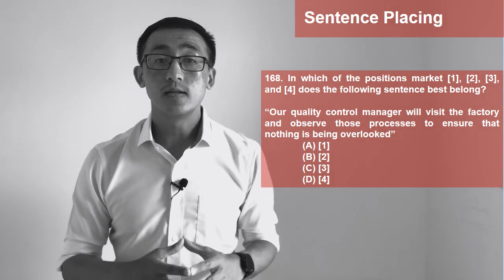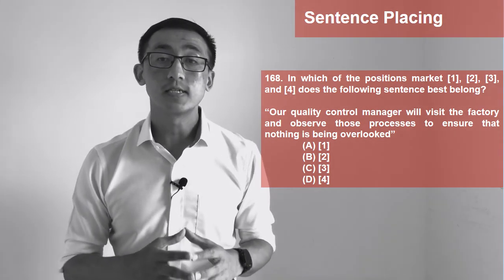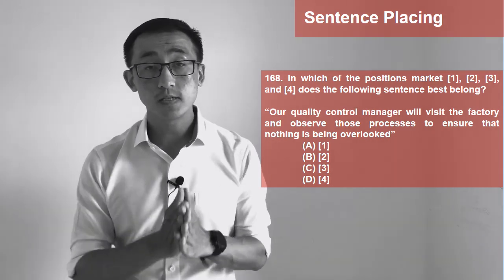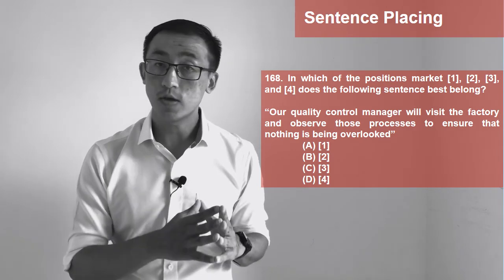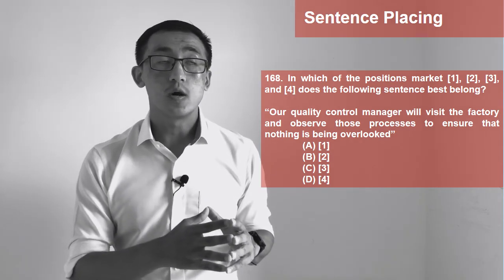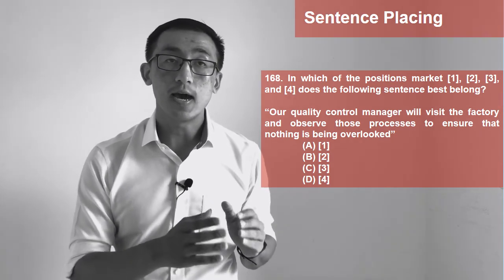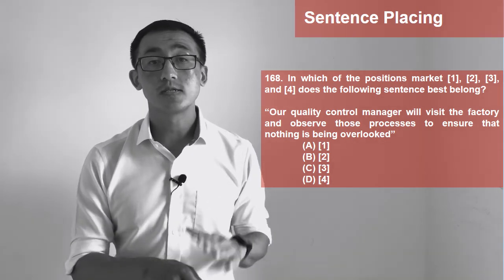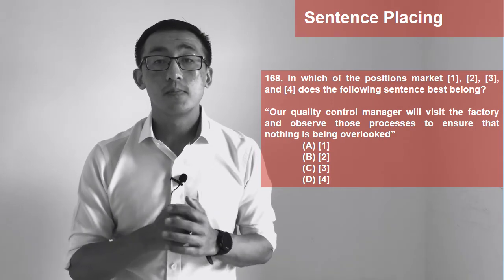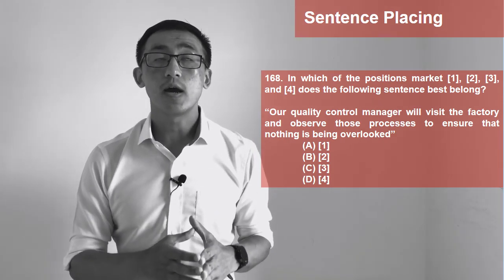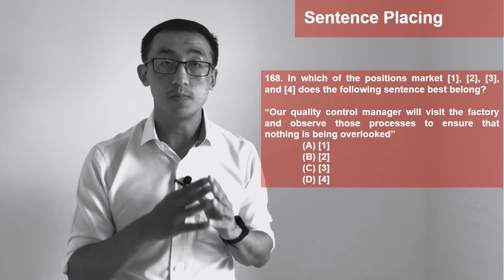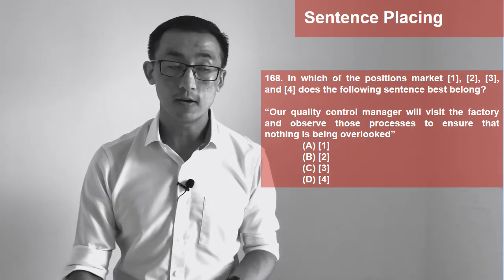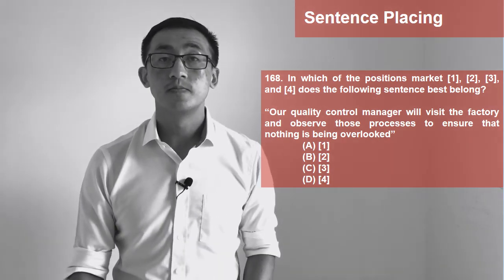For placing a statement in a suitable position, I can give you the following tips. First, read the statement carefully and try to understand what idea it is trying to convey in the paragraph. Number 2 is scan the possible spaces and try reading the sentence before and after the blank. This will help you to plug in the answer in the correct space.